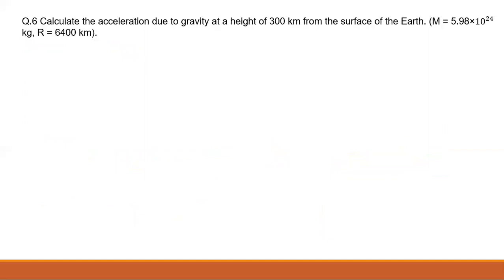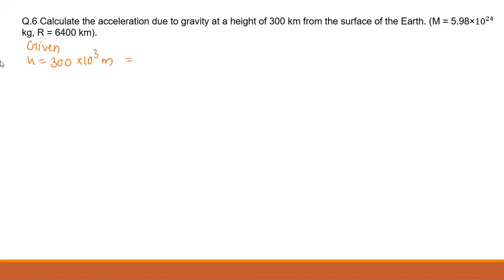Next question is, calculate the acceleration due to gravity at a height of 300 kilometers from the surface of the earth. Okay. Mass is given 5.98 into 10 raised to 24 and radius is given 6,400 kilometers. Okay. So given, height is given, h is equal to 300 kilometer, that is 10 raised to 3 meter.